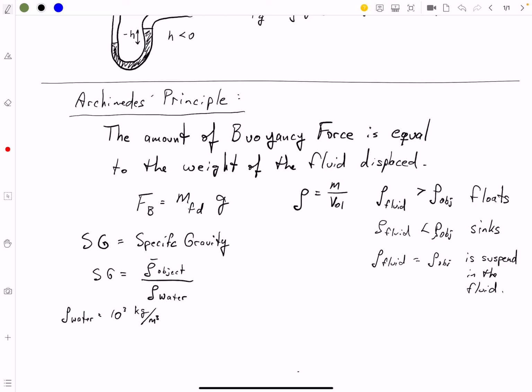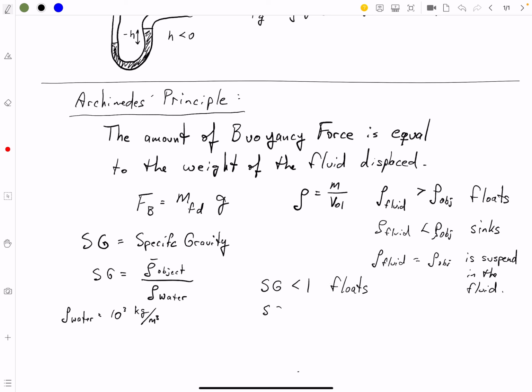All right, so let's talk a little bit about these with relation to the specific gravity. If water is the thing that we're comparing to, and we've got our object in water, then if the specific gravity of the object is less than 1, it floats.